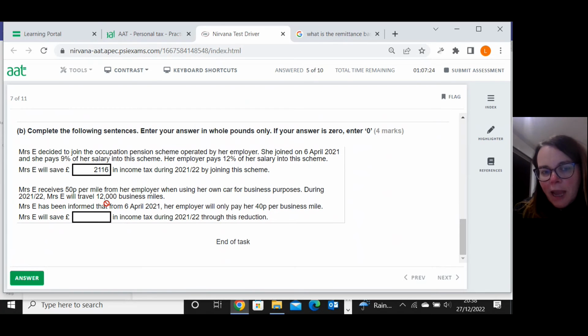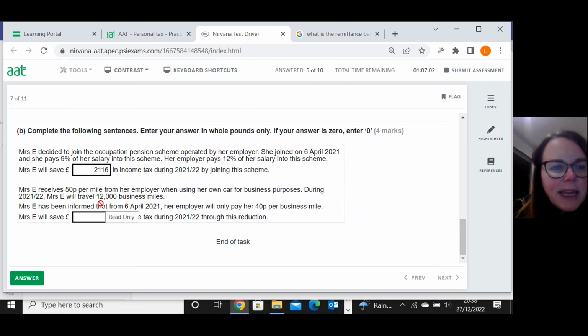Right, so at the moment, she's getting £6,000. Let's figure out how much she's entitled to. So she should be getting 10,000 at 45p and 2,000 at 25p. So that gives a total of 5,000. So she's £1,000 over.